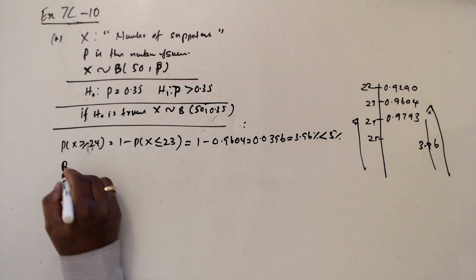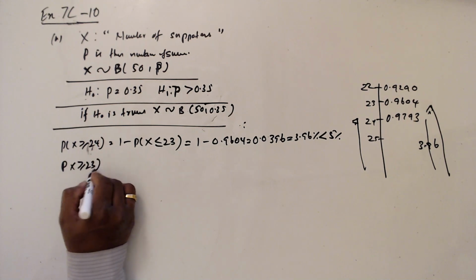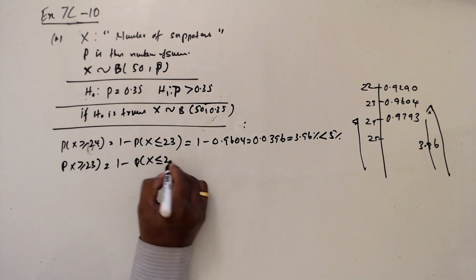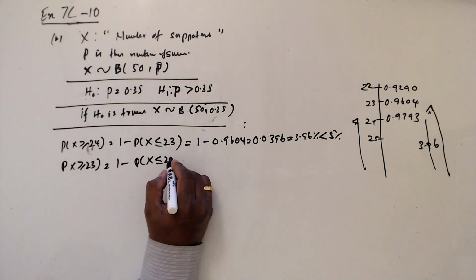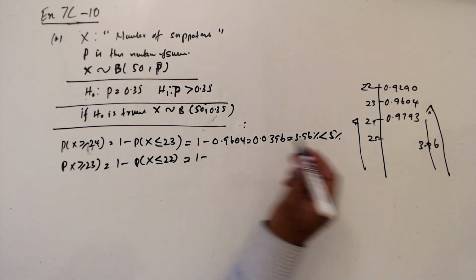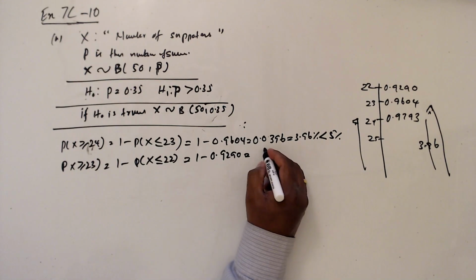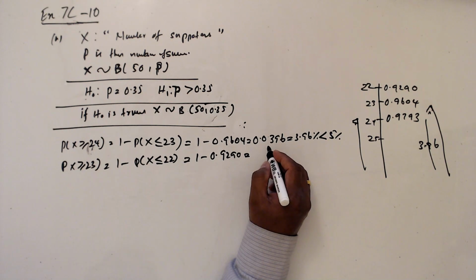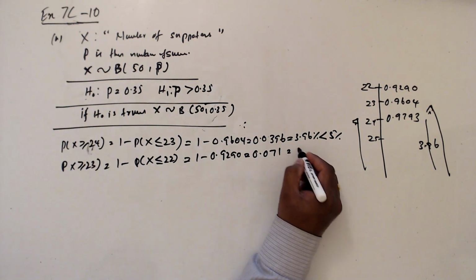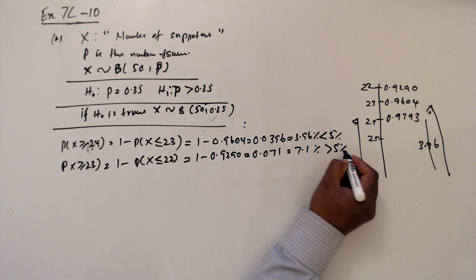So then we'll go up to here. The probability of X greater than or equal to 23 is 1 minus the probability of X less than or equal to 22. So 1 minus 0.9290 is 0.071, which is 7.1%, greater than 5%.